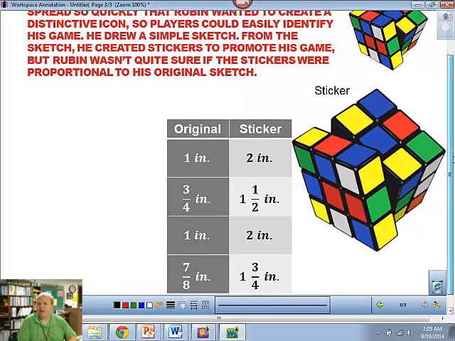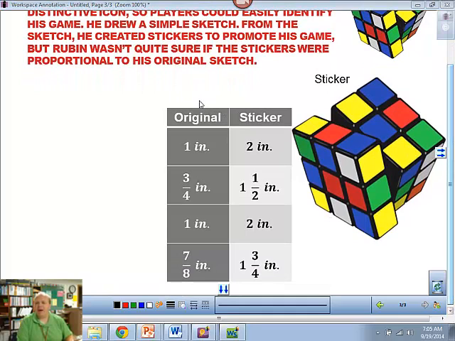Now remember, now that I have my table, my original is my X, my sticker is my Y. Like I've said before, I like to label things because labeling helps me. Now to find my K equals Y over X, right? Okay? So then I would simply go through and check for proportionality. So 2 divided by 1 is 2. So the K here is 2, and I would go right down the middle. Now I go 1 1/2 divided by 3/4.